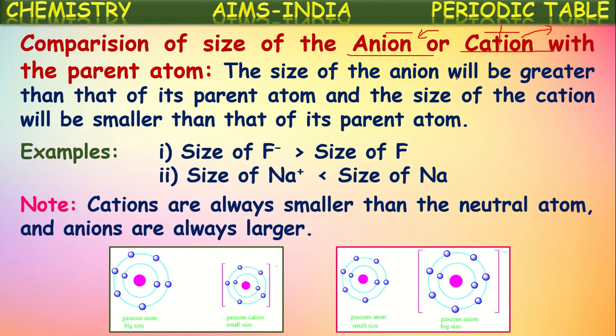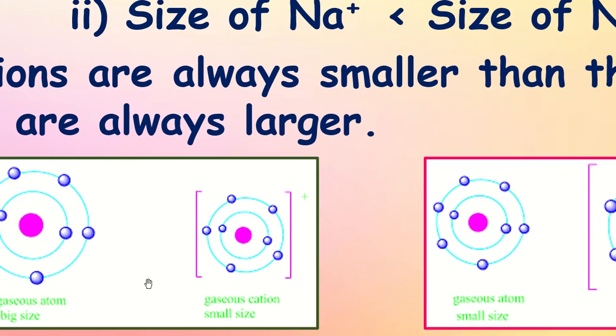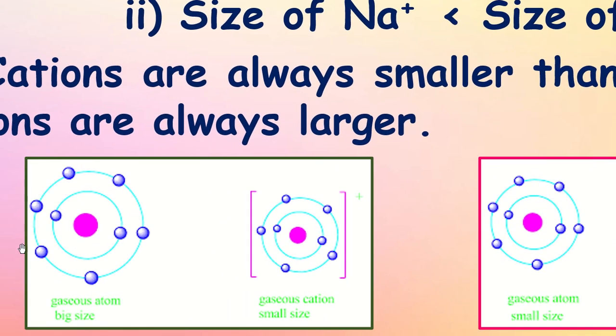See here, this is a sodium atom. By the loss of an electron, it has become a positive ion. They have given some other element here, anyhow, if you observe the configuration, it is a neutral atom.